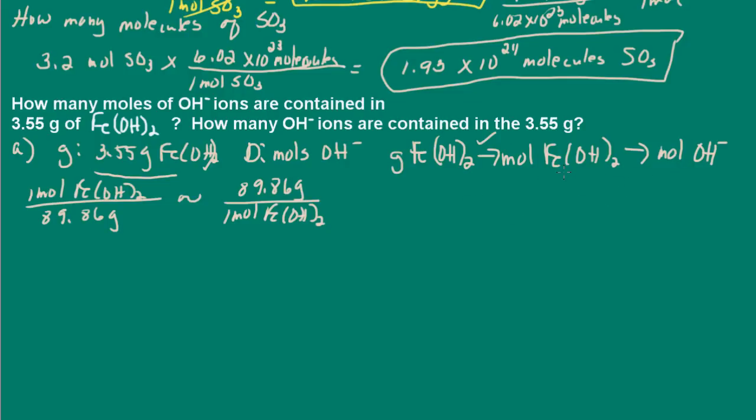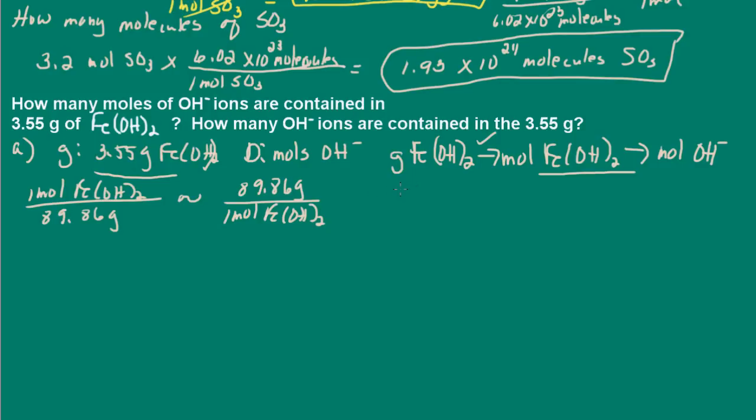Well, let's take a look at the formula. 1 mole of iron 2 hydroxide is going to contain 1 mole of iron 2 ions and 2 moles of hydroxide ions. The subscript here tells us the number of hydroxide ions in 1 mole of the compound.